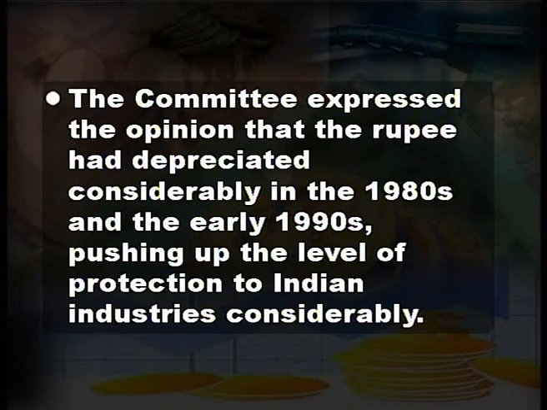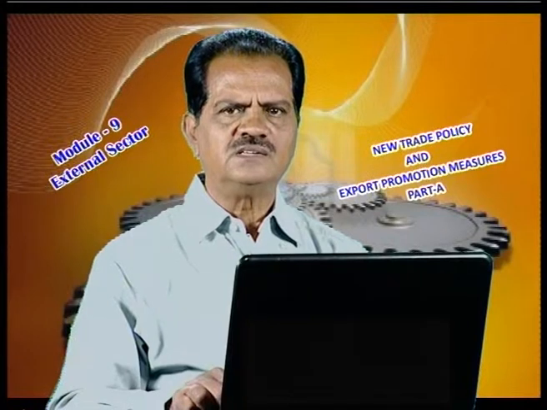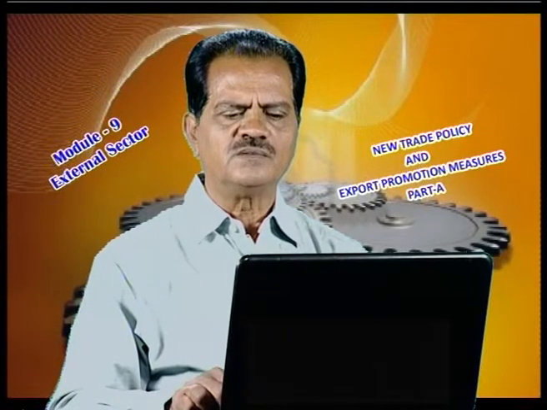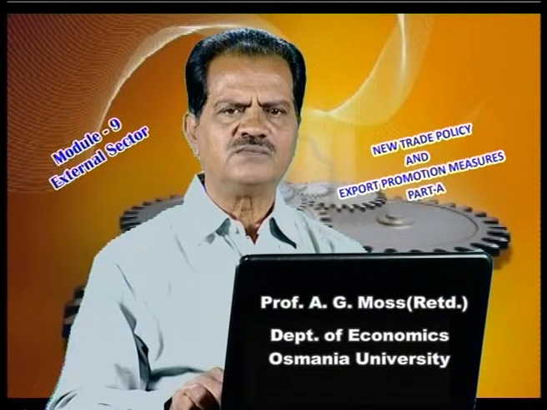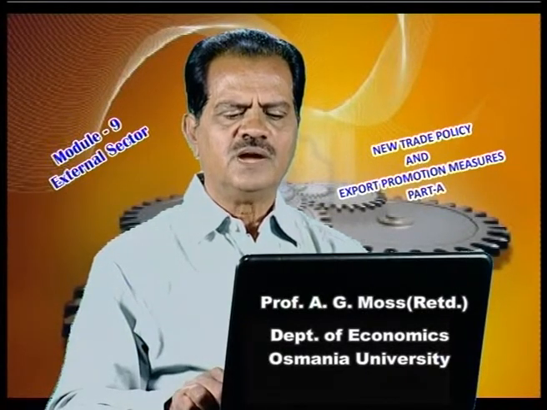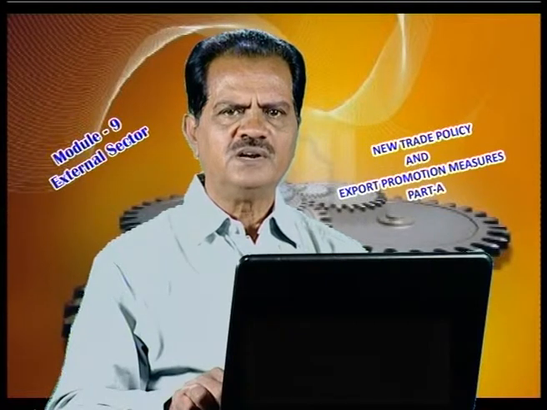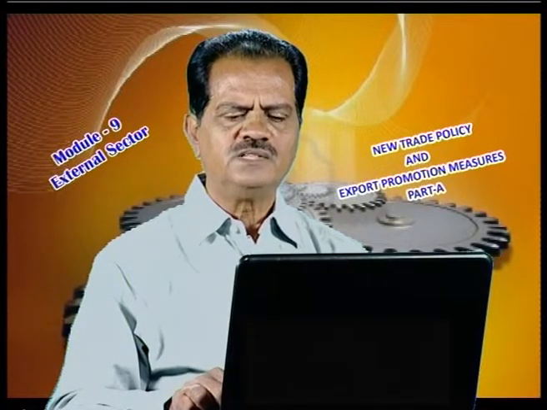So, in the 80s and the 90s, there was a drastic fall in the rupee value compared to the dollar or standard foreign currency. And therefore, this fall in the rupee brought in a lot of burden on the government if it had to protect the Indian industries.